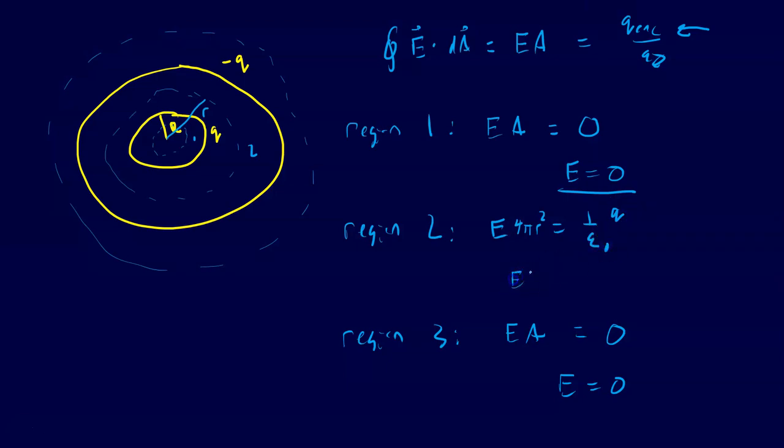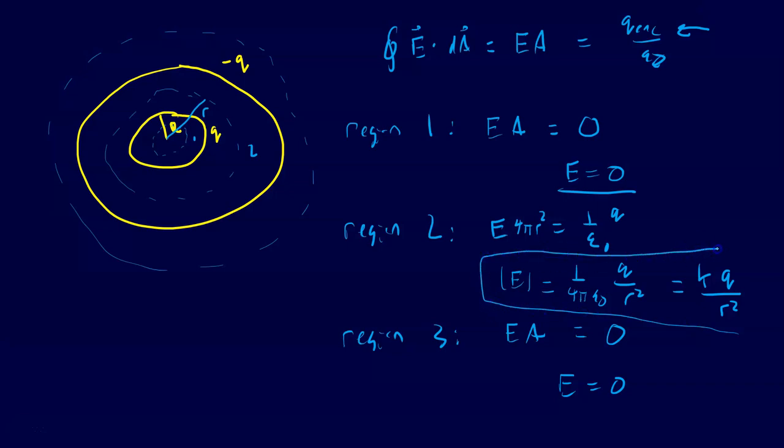And so if I solve for that, I would get 1 over 4 pi epsilon naught q over r squared, which again I would just write as kq over r squared. We talked about this last time, but when you're outside of a spherical shell of charge q, any spherical surface of charge looks like a point charge of that charge, and that's what you get here. So in the middle region, it would just be the point charge.